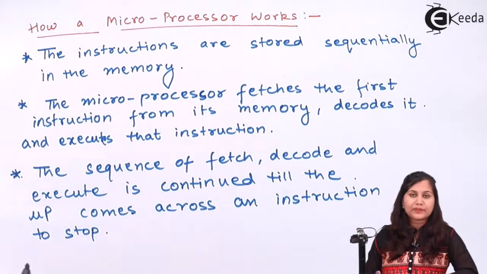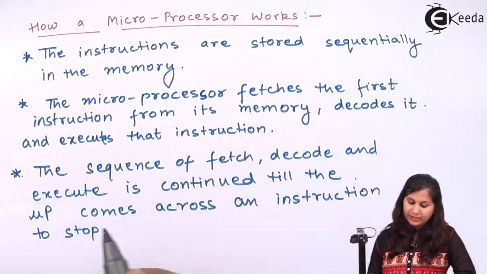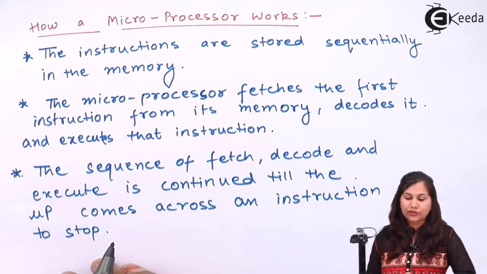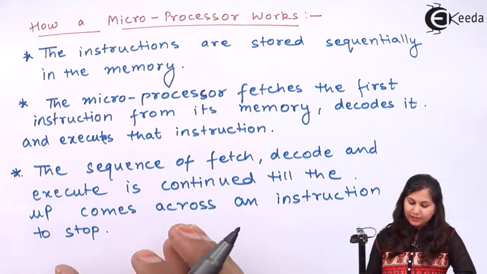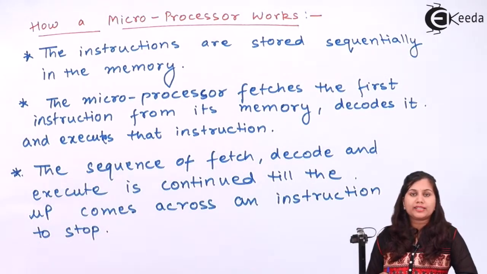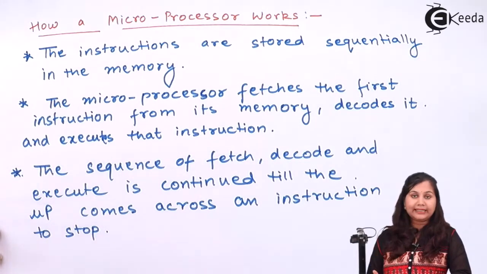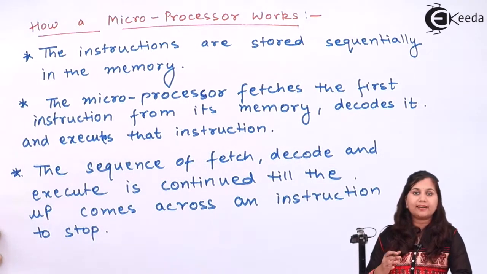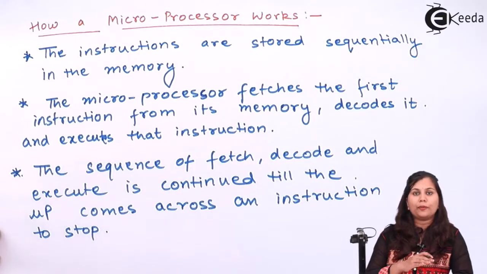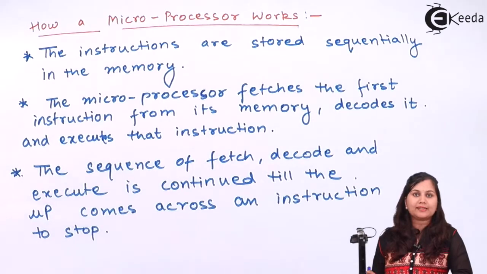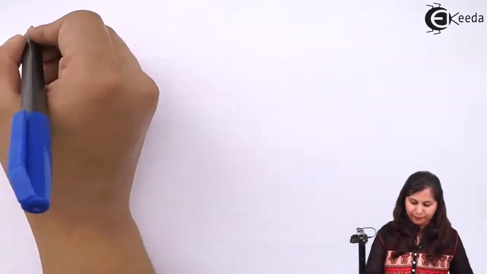During this process of fetching, decoding and executing, the microprocessor is using data. This data is provided to the microprocessor by the buses, and all the data and results are passed from the microprocessor to the memory and the input output devices through these buses.